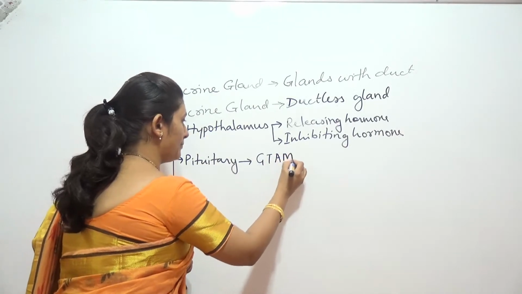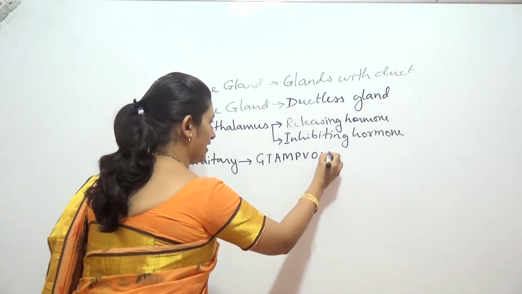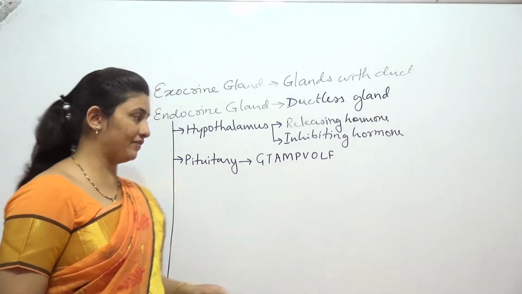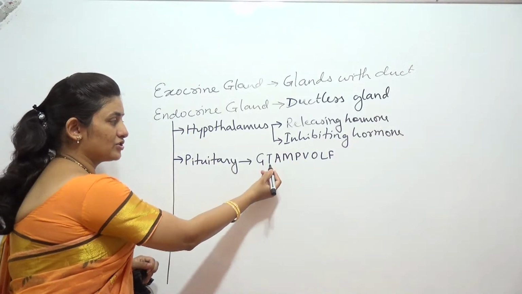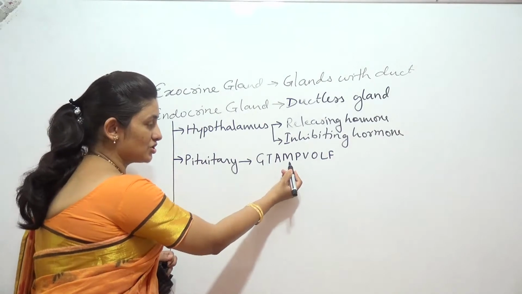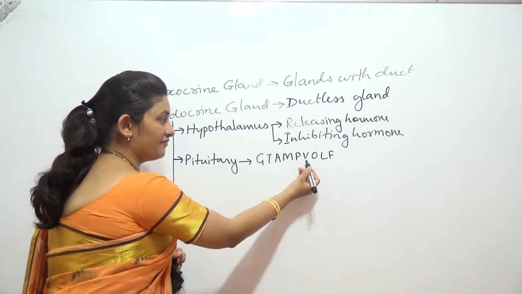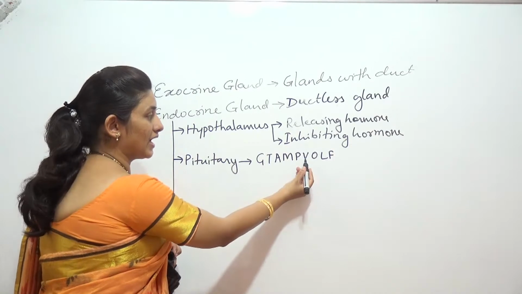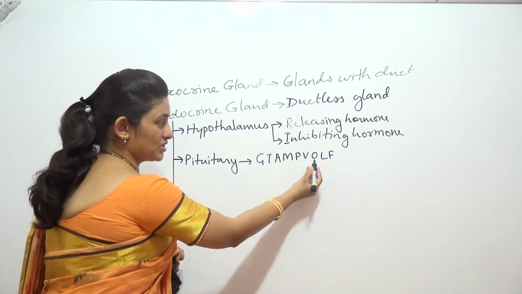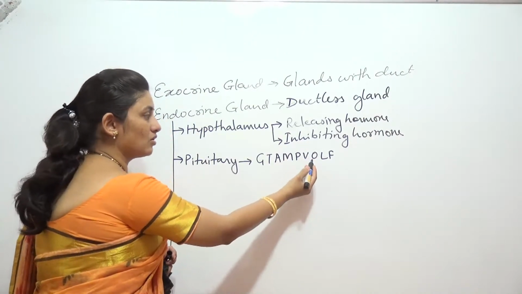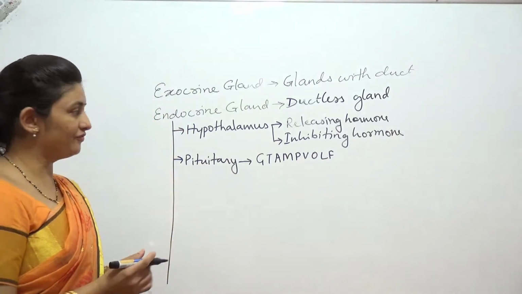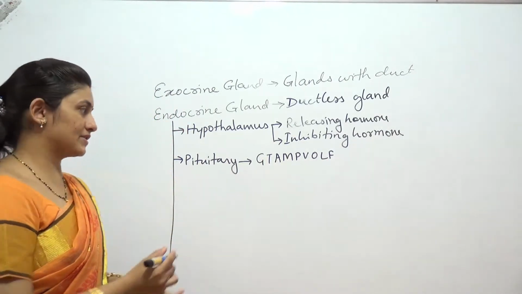Here, growth hormone, thyroid stimulating hormone, adrenocorticotropic hormone, melanocyte stimulating hormone, prolactin, vasopressin, which is also called the antidiuretic hormone, ADH, oxytocin, which is also called the birth hormone, the luteinizing hormone, and the follicle stimulating hormone. We had seen the details for this yesterday.